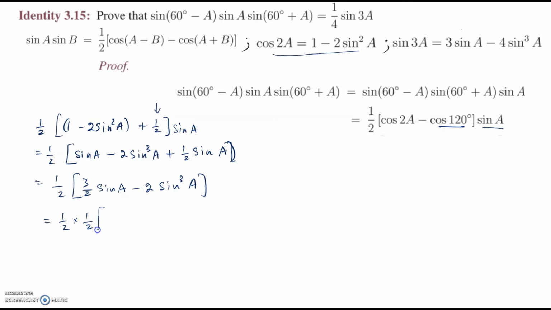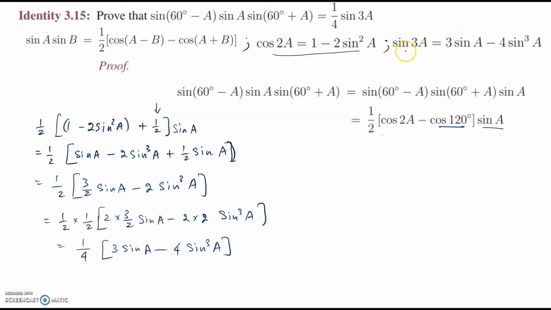Then if I multiply within the bracket by 2, it will be 2 times 3 by 2 sine A minus 2 times sine cube A, which will be 1 by 4 (3 sine A minus 4 sine cube A).